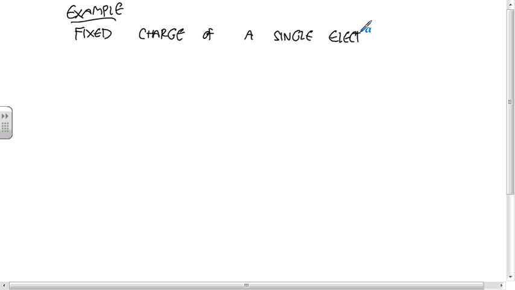So let's say you have a fixed charge of a single electron. First, calculate electric field vectors at, let's say, 4 locations.